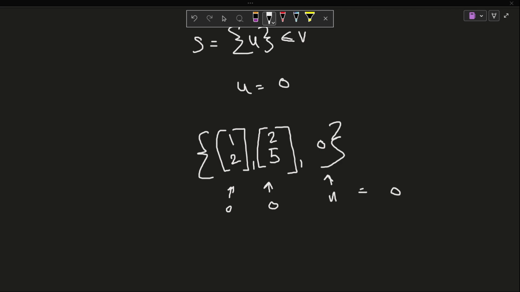Okay, and then the fifth theorem that we want to talk about is if a set of vectors S in a vector space is linearly independent, then any subset of S is linearly independent.